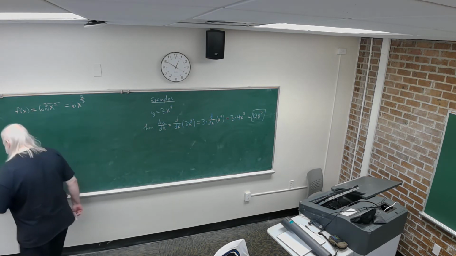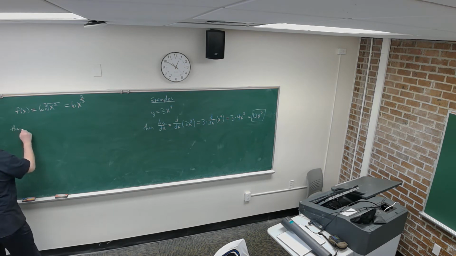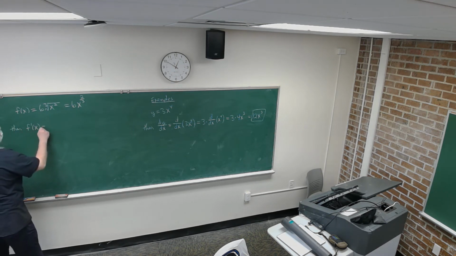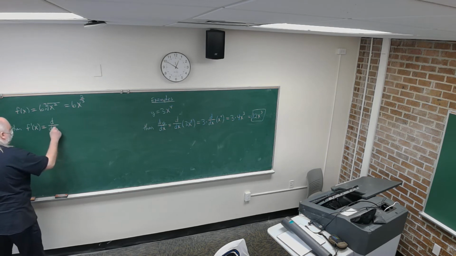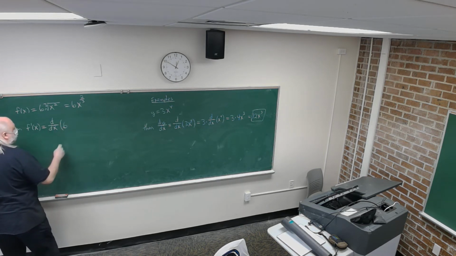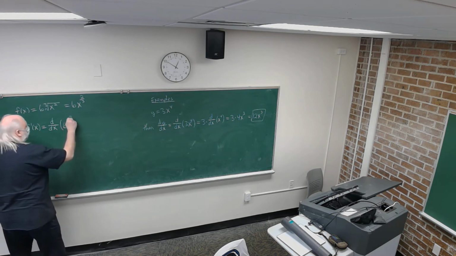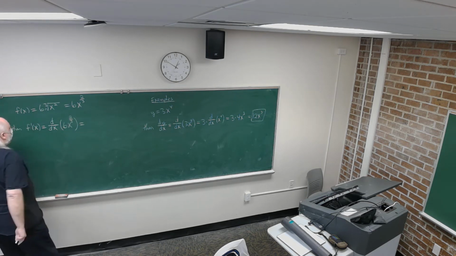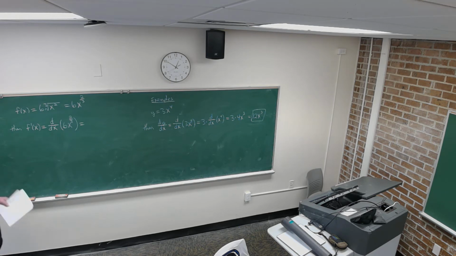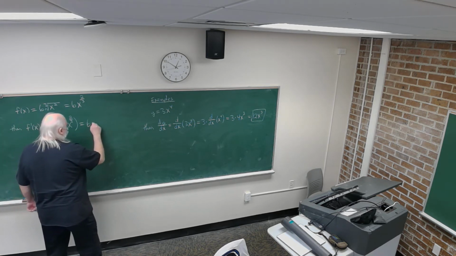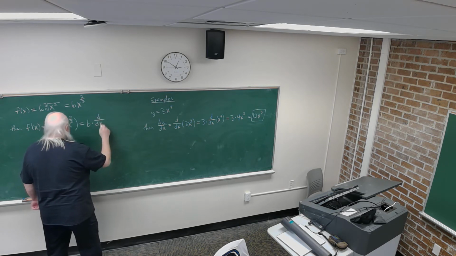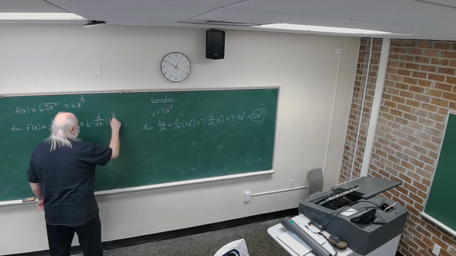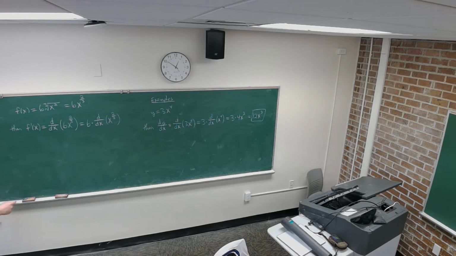And so, the derivative f prime of x is the derivative of 6 times x to the 2/3. And by the constant multiple rule, I can bring the 6 up front of the derivative. And so I have 6 times the derivative of x to the 2/3 with respect to x.